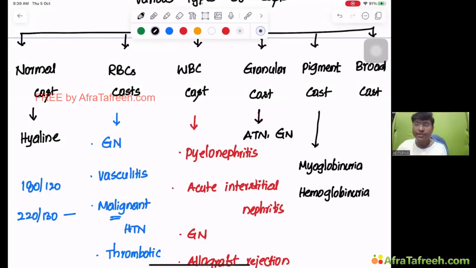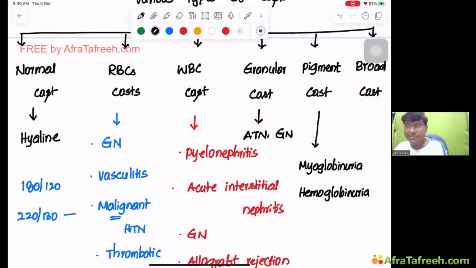So in myoglobinuria, it is due to rhabdomyolysis. That is, the myoglobin is there within that cast. That's why it will be brown in color. In hemoglobinuria, you will have dark red cast.